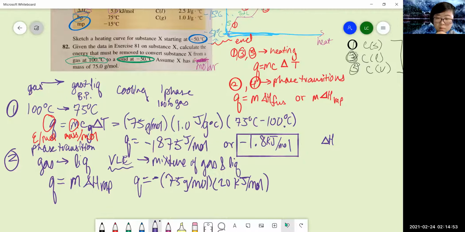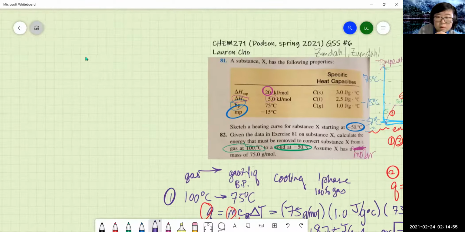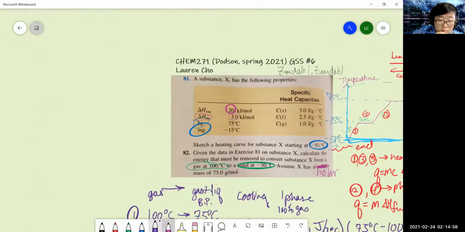Delta H, let's see. So right here, delta H vaporization equals negative delta H condensation, and delta H fusion equals negative delta H freezing.